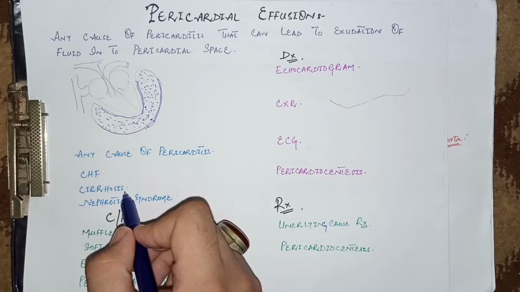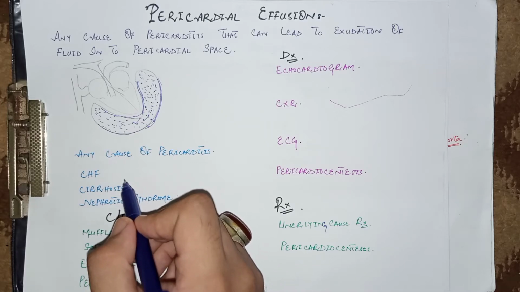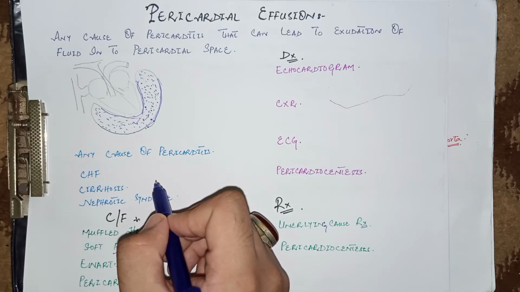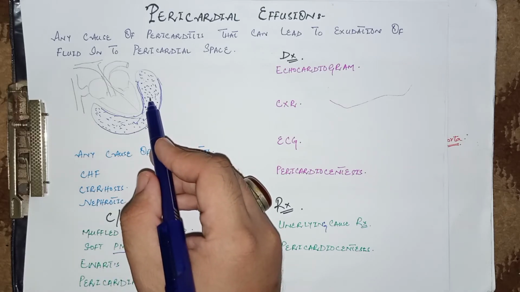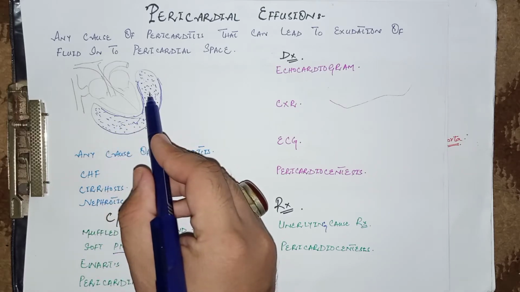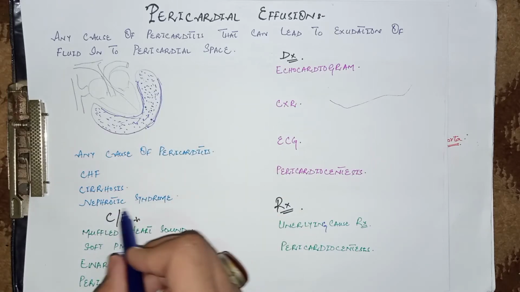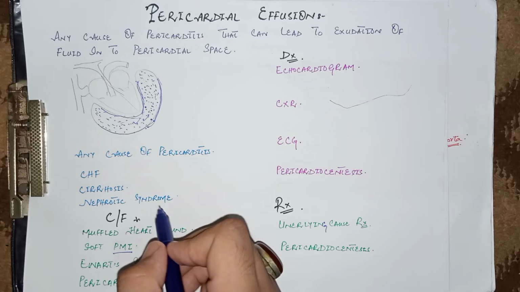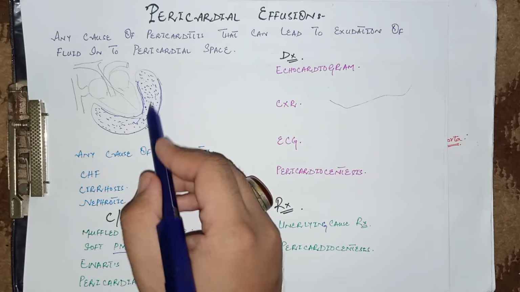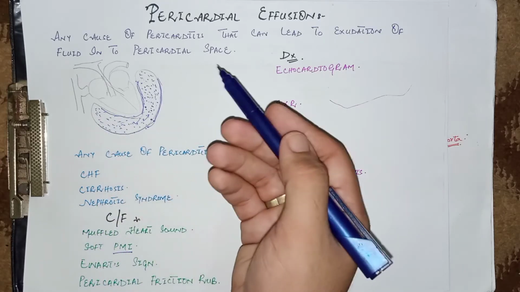So due to decreased synthesis of albumin, there is a decrease in oncotic plasma pressure, and due to this decrease in oncotic pressure of the plasma, there is accumulation of fluid within this pericardial space. In nephrotic syndrome, there is a loss of protein into the urine. So ultimately, decreased plasma oncotic pressure and pericardial effusion develop in these patients as well.